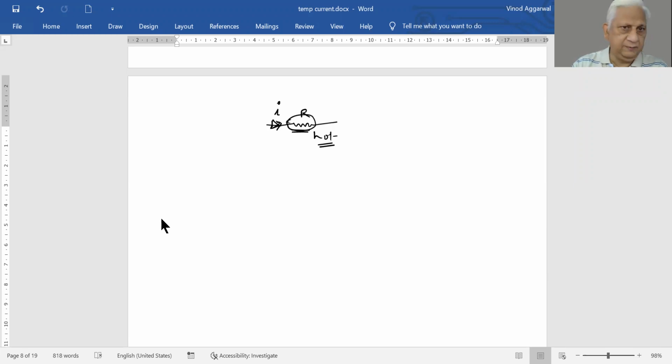The power consumed by a resistor is given as I into V, or I square R, where I is the current flowing through the resistor R. The power consumed is IV, same thing as I square R.